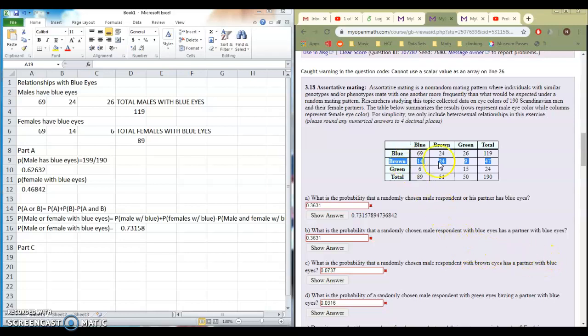There are 47 total male respondents with brown eyes, and there are 14 of them with blue eyes. So it equals 14 out of the 47 total.